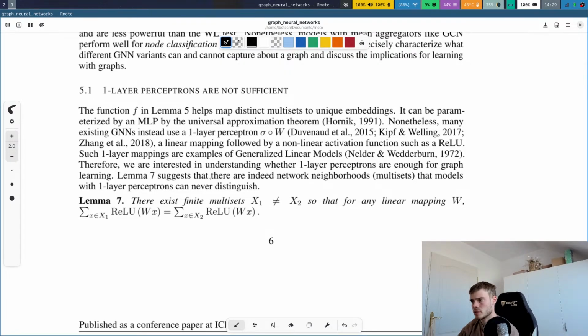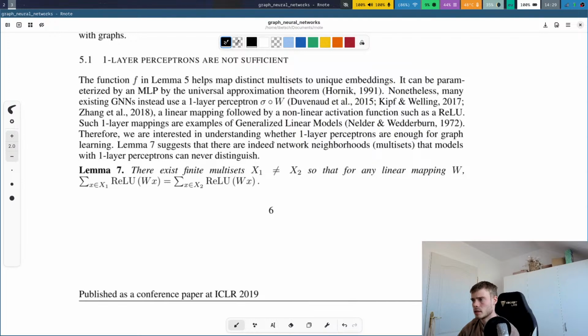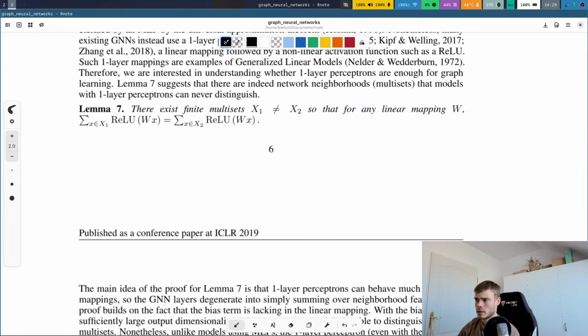Lemma 7 suggests that there are indeed network neighborhoods, multisets, that models with one-layer perceptrons can never distinguish. There exist finite multisets X1 and X2, which are not the same, so that for any linear mapping W, they map to the same.